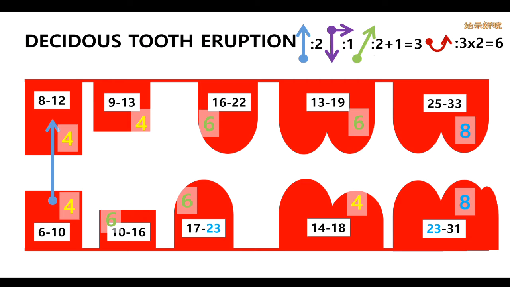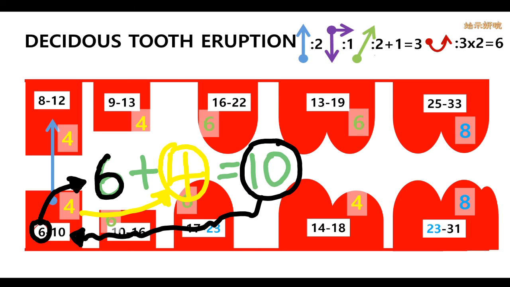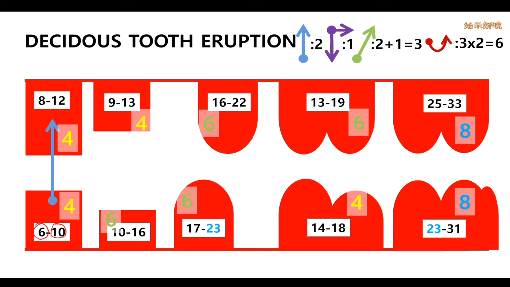So we begin with the mandibular central incisor. At 6 months it erupts, and if it is late, it erupts at the 10th month, right? And then we go upward. The next tooth which erupts is the maxillary central incisor.